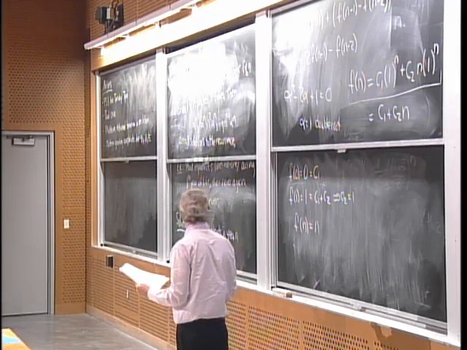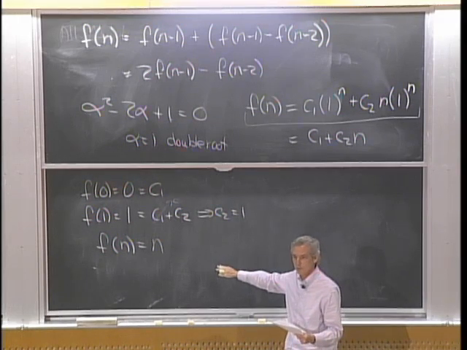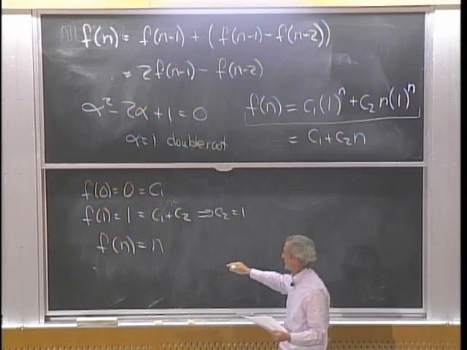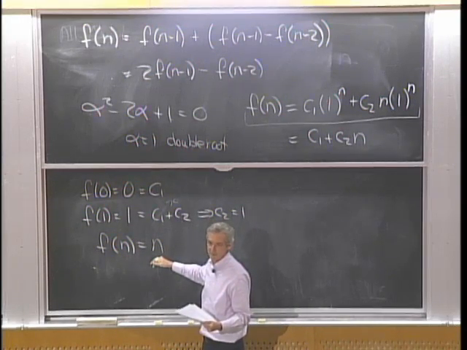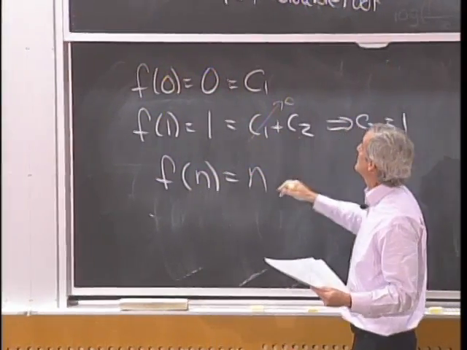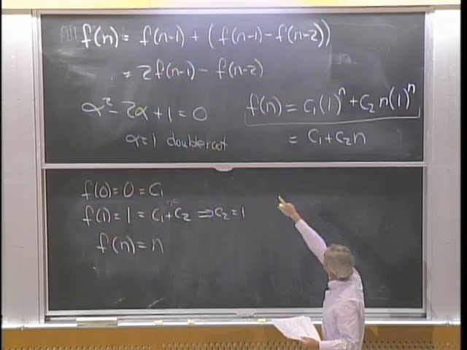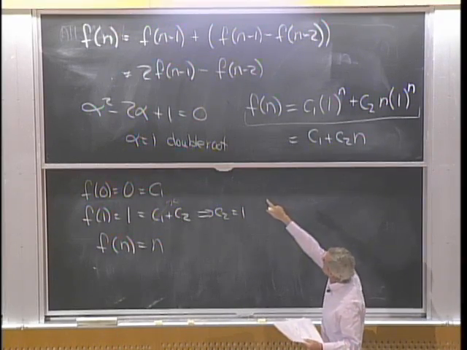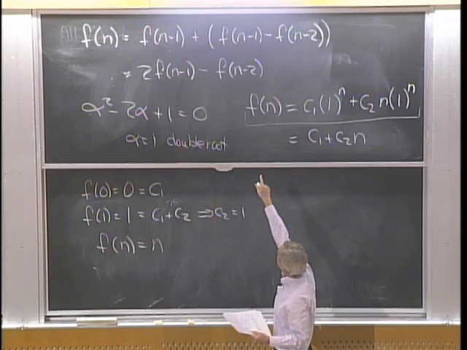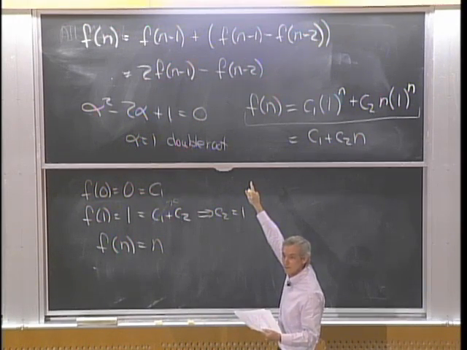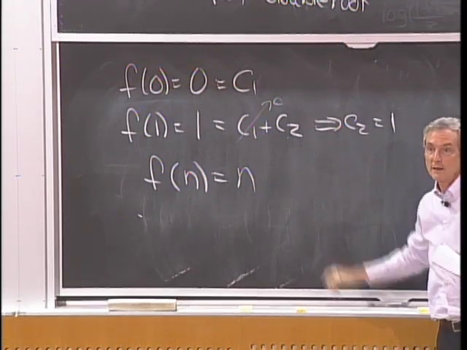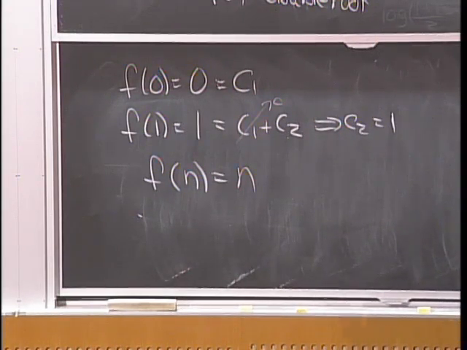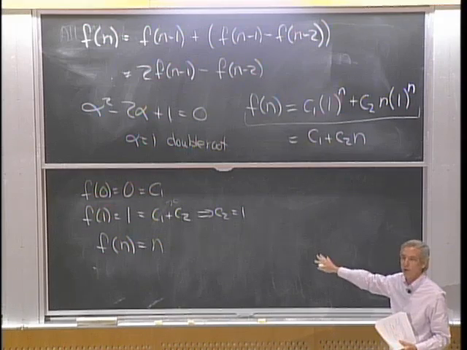If we wanted to be really sure, we'd go back and prove it by induction against the original recurrence. This would be the induction hypothesis. We'd cover the base cases, f of 0 and f of 1. And then we'd plug this into the recurrence up there, which is: does f of n equal twice f of n minus 1 minus f of n minus 2? And you would see that it's true. So you could really prove it by induction for any of the solutions we ever get. If you work this way to get the solution, it will always work.